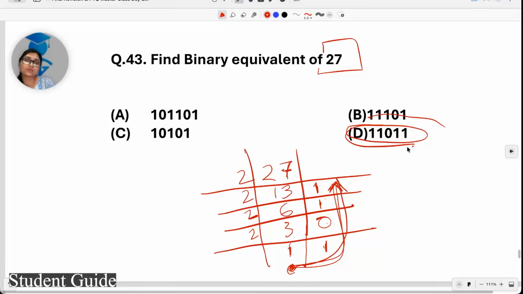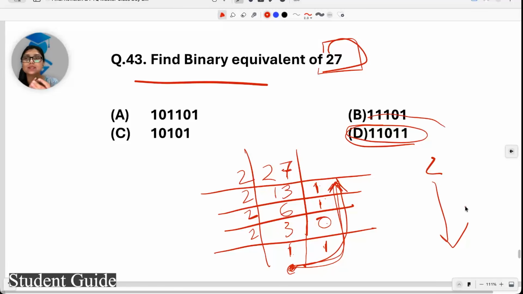Okay. So, this way, whenever you need to find the binary equivalent of any number, you just divide it by 2 and do it repeatedly until you reach the least level. Okay, till getting the least level, you need to divide it by 2 and write the remainders on the right side and then read it from the bottom. You will get the correct answer from the remainders only.